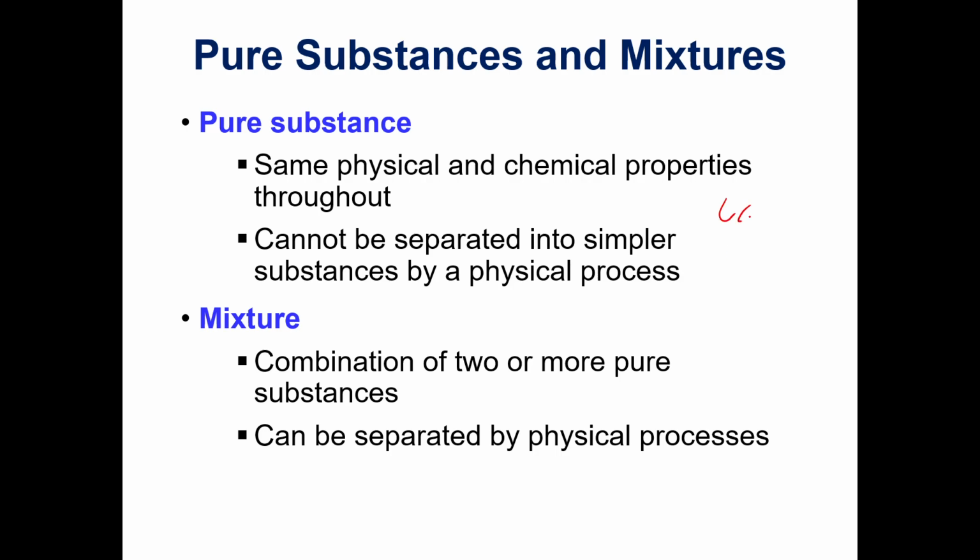We can do it by a chemical process sometimes, but not by a physical process. A mixture is a combination of two or more pure substances, and mixtures can be separated by physical processes.